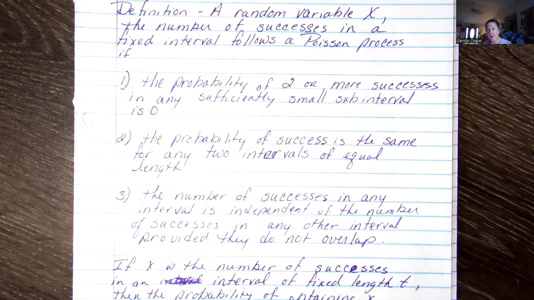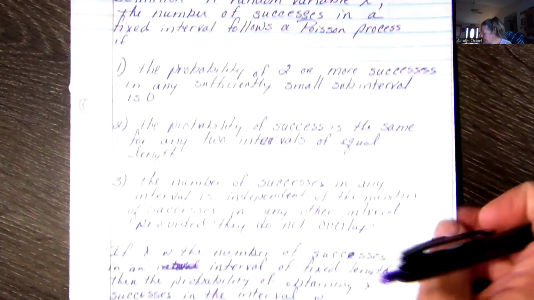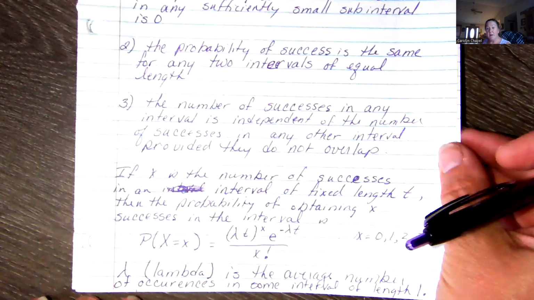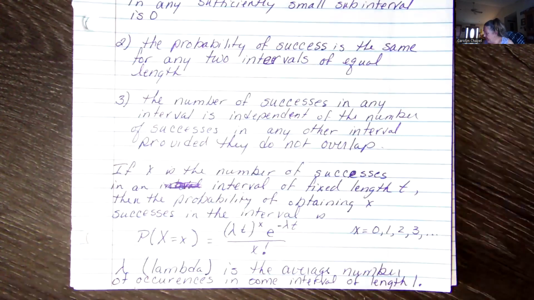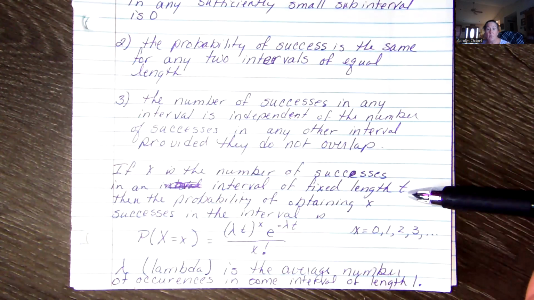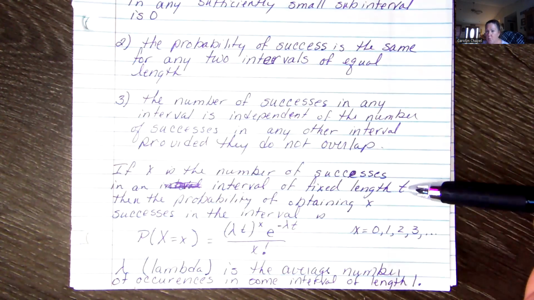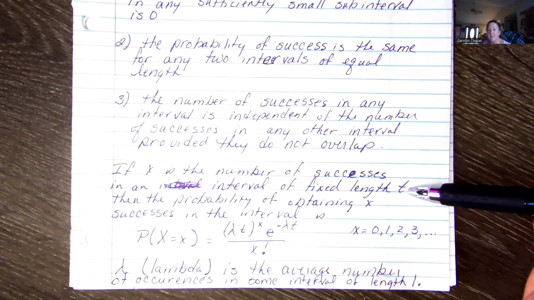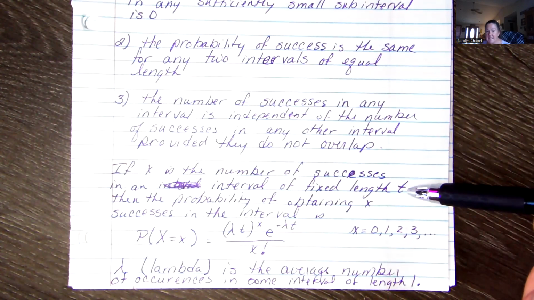Okay, if we have those situations, we have the number of successes for a fixed length of time or space, and we're going to call that length t.